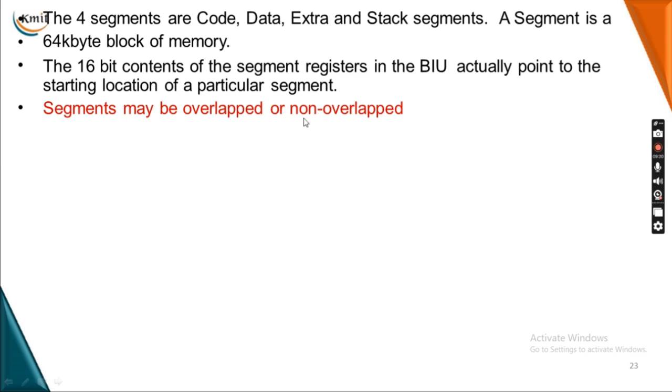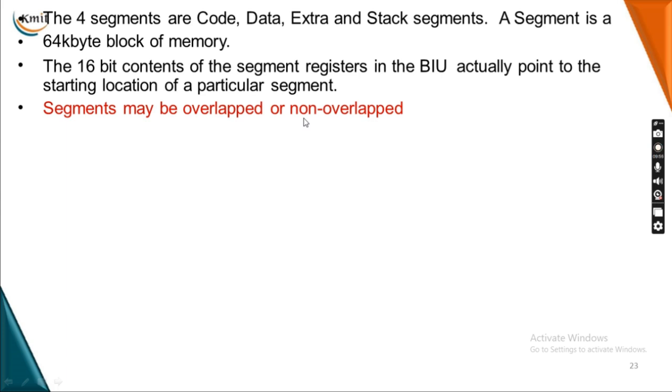And some segments can be overlapped, where some part of data can be in your data segment, as well as some part of data can be stored in your extra segment. So that is how overlapped segments may be.